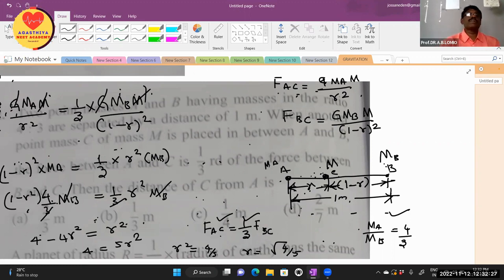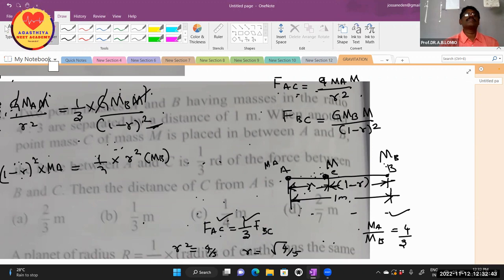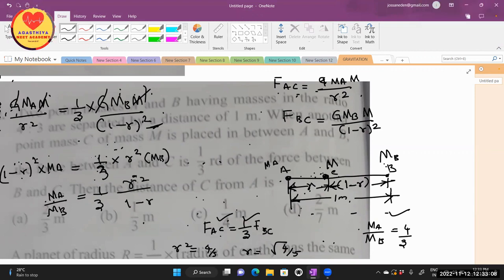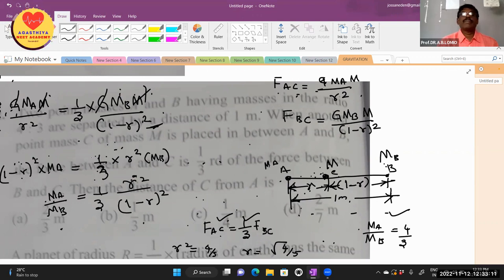Okay, I made a mistake here. It should be 1 minus R whole squared, not 1 minus R squared. So R squared by (1 minus R) whole squared, yes, 4 by 3.